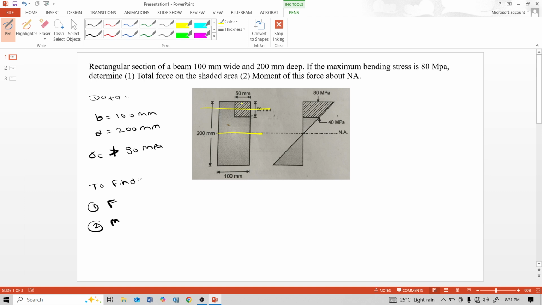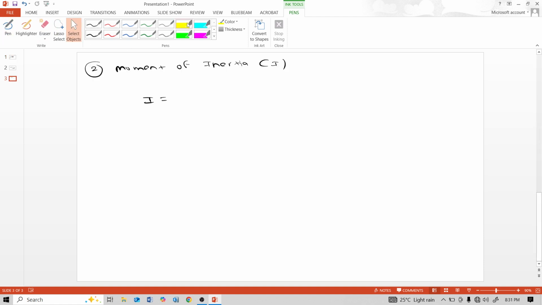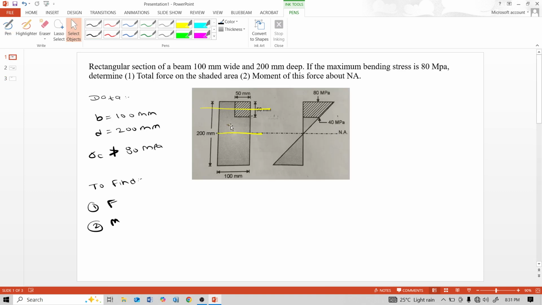So this square's moment of inertia is 50 raised to 4 divided by 12, plus area for that square, 50 into 50, 2500, multiplied by, using the parallel axis theorem here, the distance between this neutral axis and this square's neutral axis.